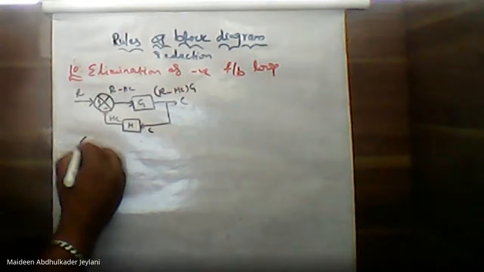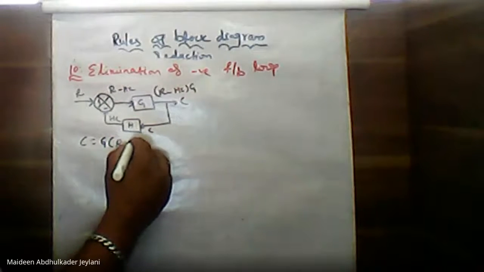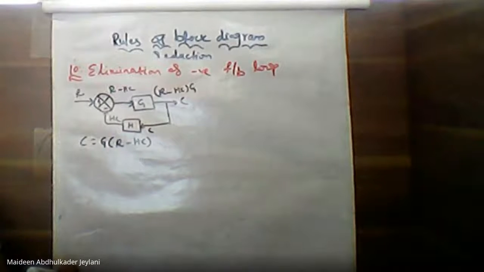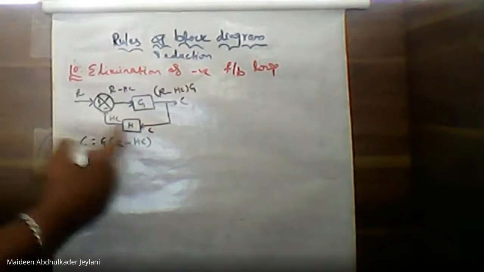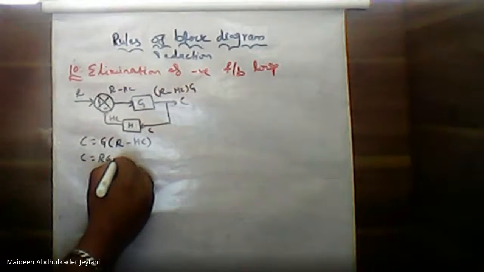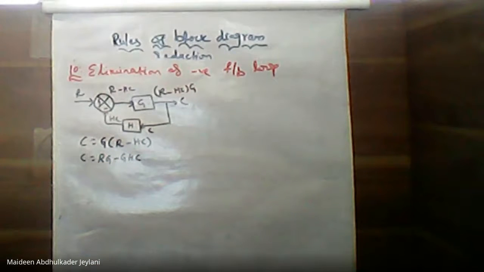So here C equal to G into R minus H into C. So multiply G inside, C equal to RG minus G into HC.